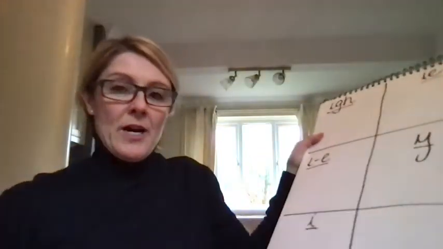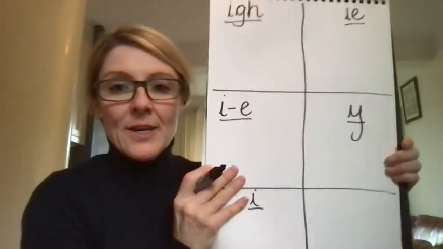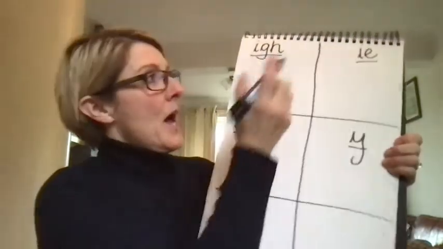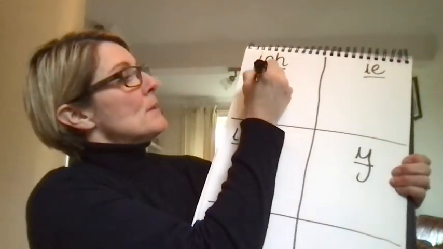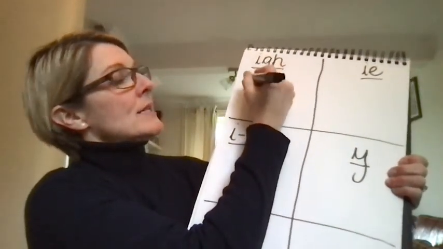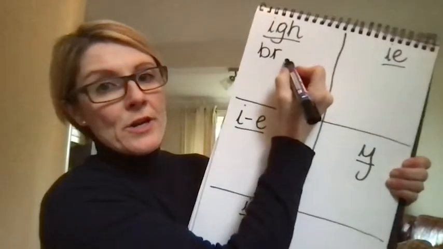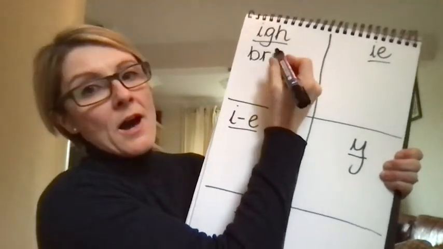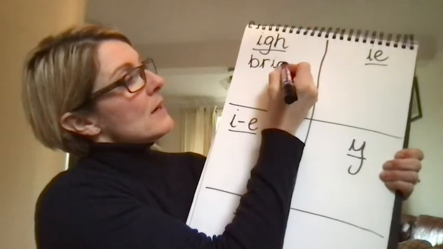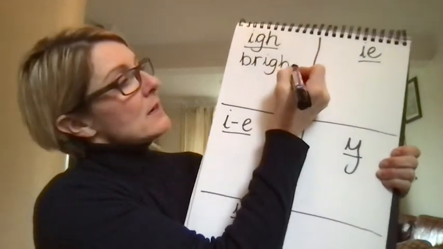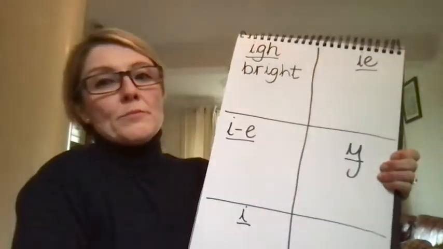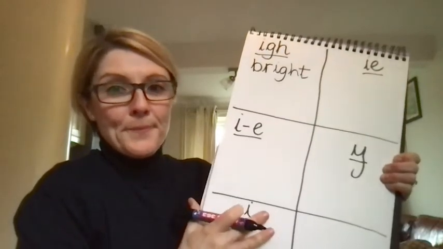So can you find the right spelling on your piece of paper and write it? B, saying the sounds as you write it. B, r, i, right. Okay, good.